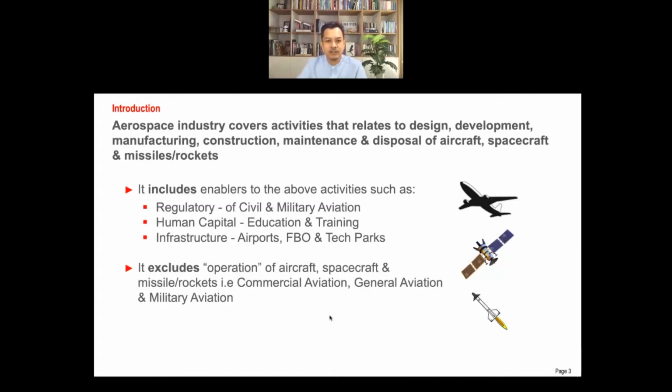So it's not including, for example, airline operators, for example, stewardesses, stewards for airlines, but the airport operators are included. It is to distinguish between the operation of aircraft, spacecraft, as well as the operation of airports. Operation of airports is included in this particular aerospace industry definition.